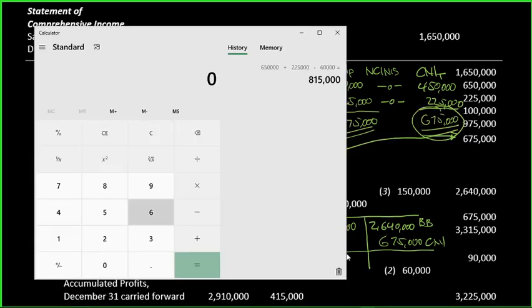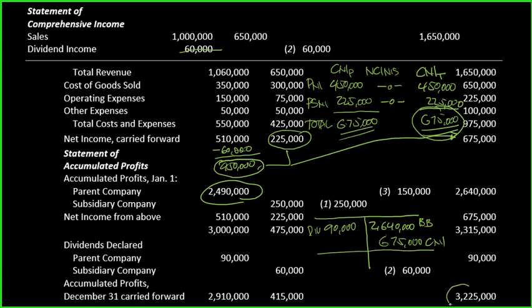So you will have 2,640,000 plus 675, minus the dividends declared, which is 90. And you will have 3,225,000.